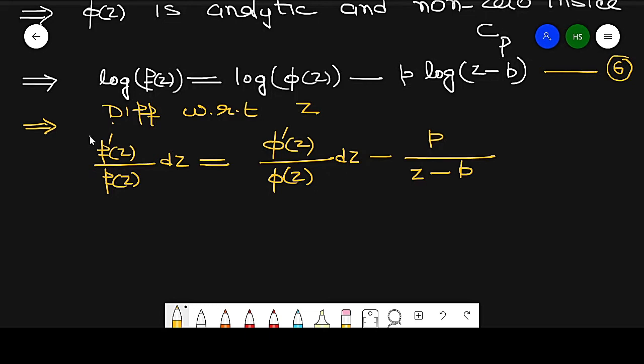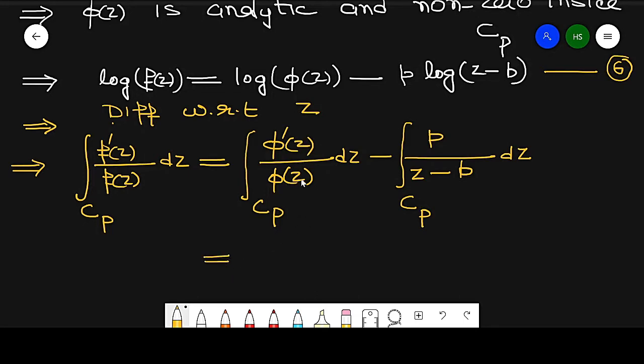Now integrating on both sides around Cp, this is dz. So first differentiate, then integrate with respect to this.